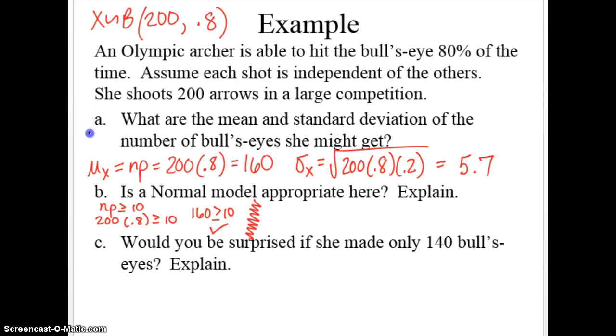Okay, so now we're going to do the successes, or the failures. So n times 1 minus p must also be greater than or equal to 10. So 200 times 1 minus p, which is 0.2, must be greater than or equal to 10. So 40 is greater than or equal to 10, which obviously it is, and therefore, yes, we can use the normal approximation.